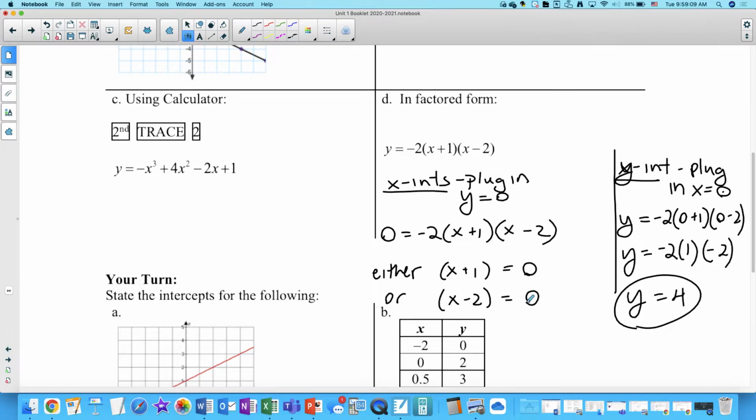Has to be one of the two. If x plus 1 equals 0, what value of x makes that true? Something plus 1 is 0. What does the something have to be? -1. Yeah. And actually, to solve this, you could just subtract 1 from both sides.